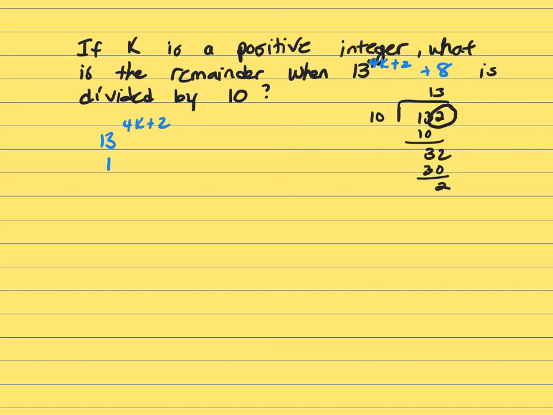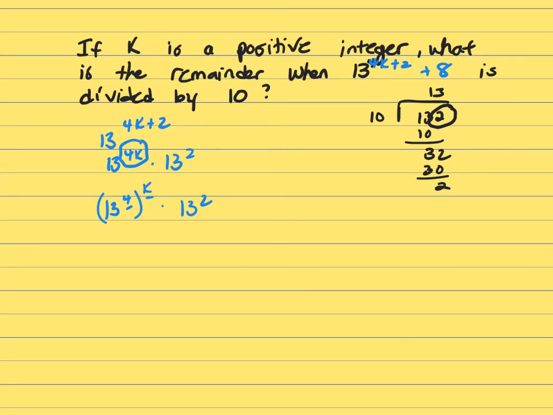This is 13 to the 4k times 13 squared, because when you multiply like bases, you add your exponents. And then this first one, 13 to the 4k, is 13 to the 4 raised to the k, times 13 squared. Because when you have a power to a power, you multiply. So that would give you this 4k.